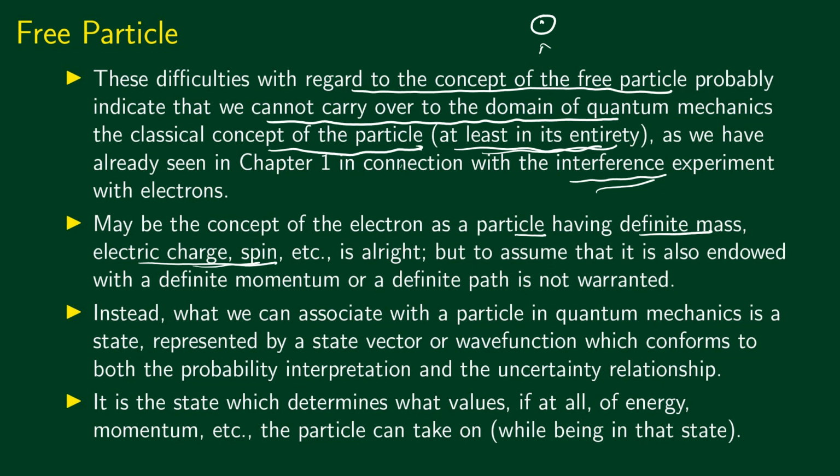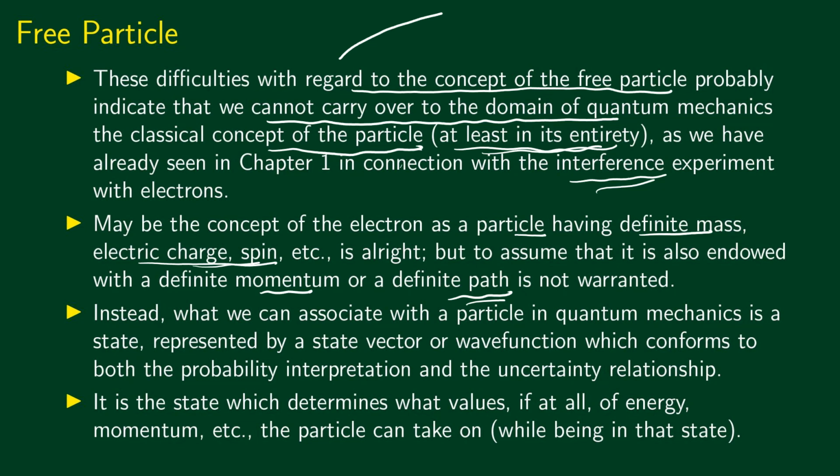But we cannot assume at the same time that it has a definite momentum or a definite trajectory. So you really cannot think of the particle as following a particular trajectory or path. You also should not think of the particle as having a definite position, a definite location in space. These things are not allowed in quantum mechanics.